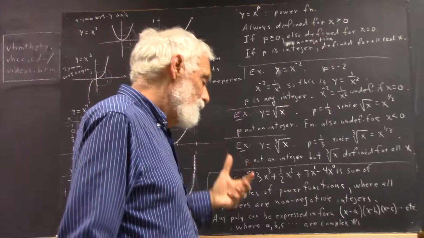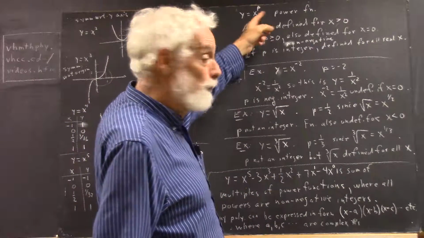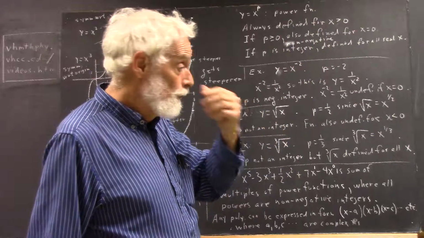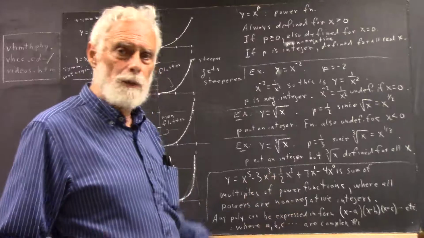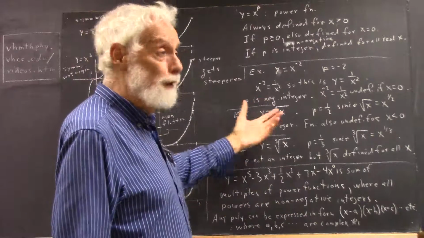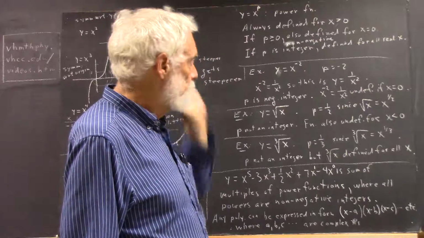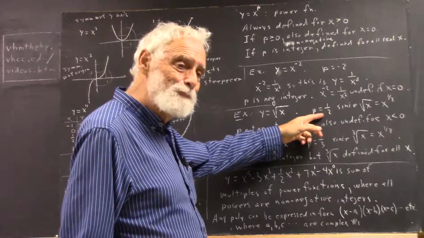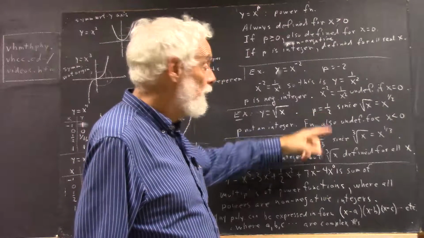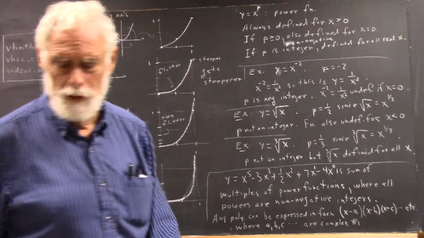And the domain and the range pretty much depend on the nature of p, whether it's positive or negative, whether it's an integer or not, and a number of other things. Whether it's an even integer, whether it's a rational number with an even denominator, a rational number with an odd denominator, but we don't really want to talk about that yet.